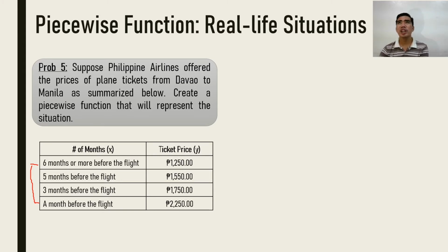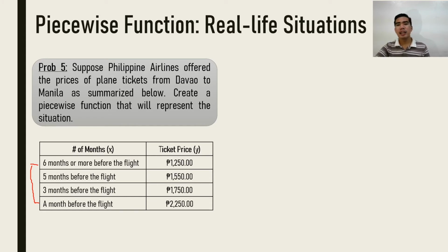So let's first think about the concept: when the flight is still far, for example, I want to travel next year, March, then at this moment the ticket price is not that expensive. Since it is still far. But as your flight schedule gets closer, it gets more expensive. That is how it is with our airlines.